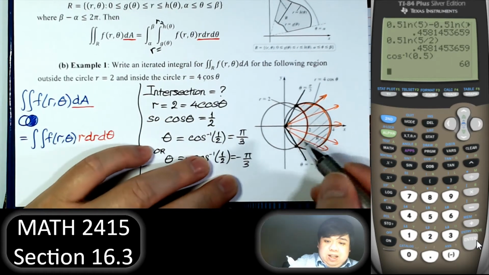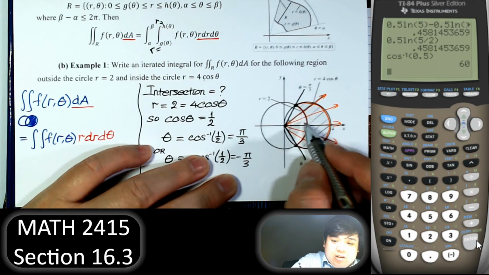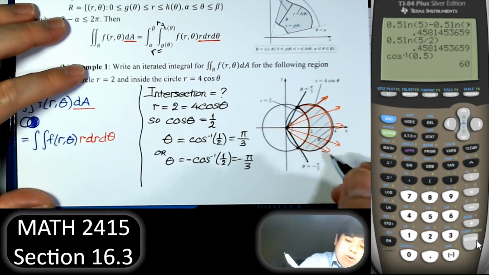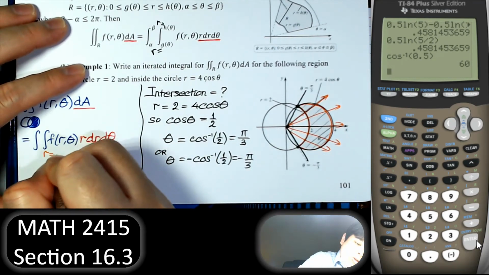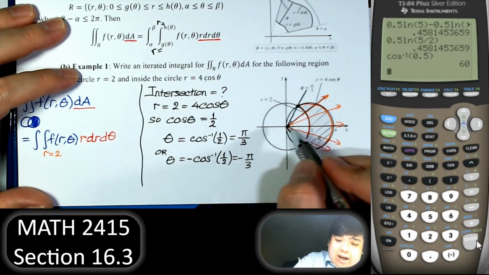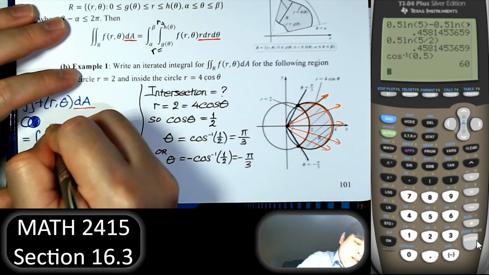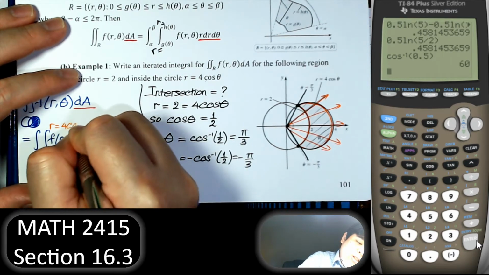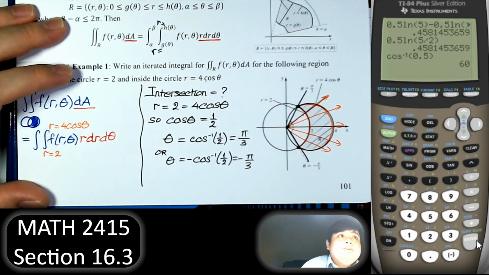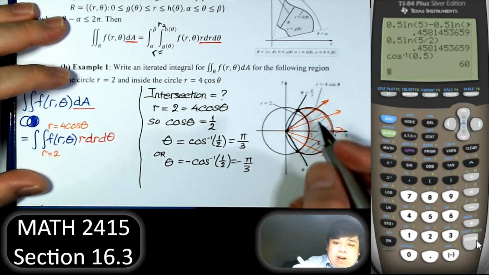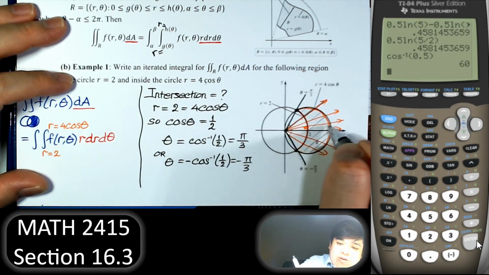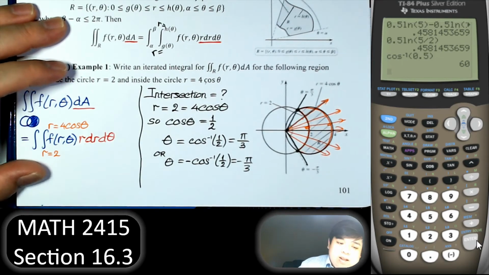So from inside, the first thing we see is the circle r equal to 2. So from r equal to 2. And after that we see r equal to 4 cosine theta. We see this one first, and that one after that.